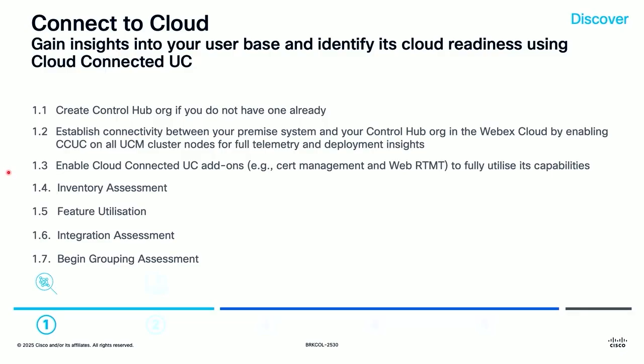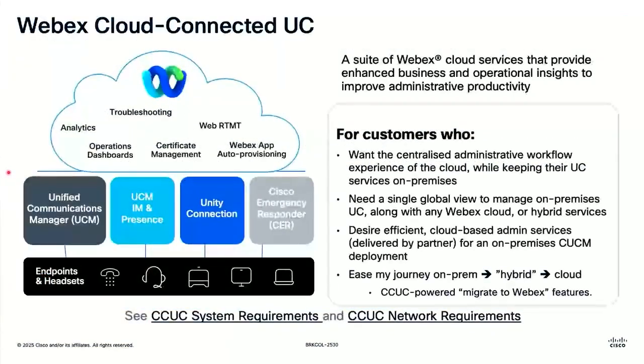That's discovery, right? Cloud Connected UC is the thing that creates this link between the cloud part of WebEx and your on-premises system, and allows you to get insights into all your on-premises components. Its functionality also includes troubleshooting. You have operations dashboards and so on, right?